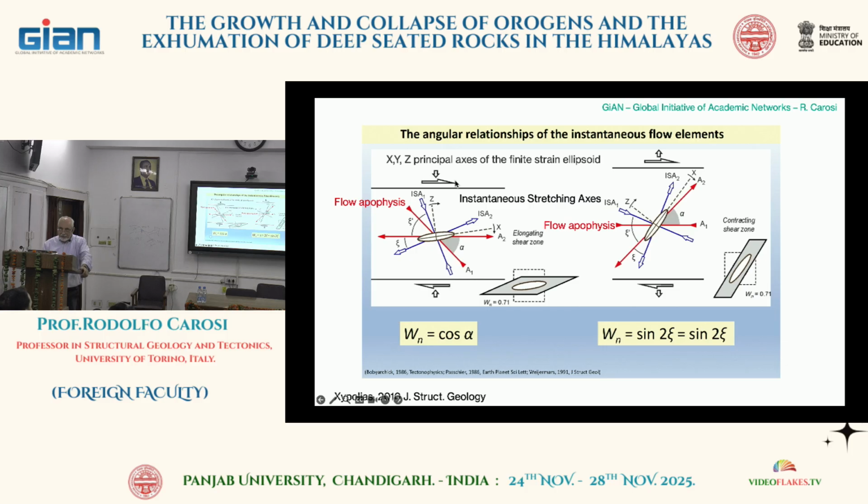So here you have shear and compression, so transpressional deformation. Here you have shear and enlargement, stretching, so there is a transtensional deformation. So it is exactly the same situation, but rotated by 90 degrees. So usually these angles are small and these angles are quite high.